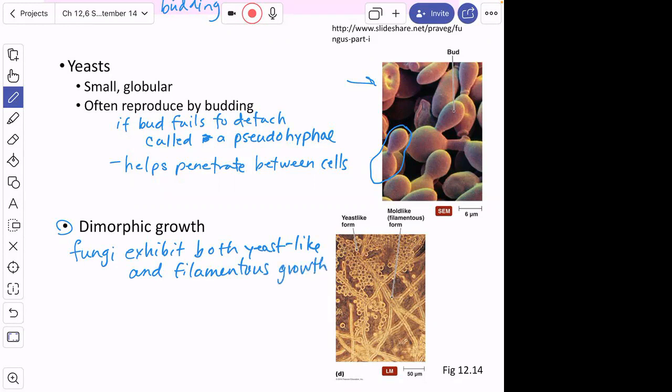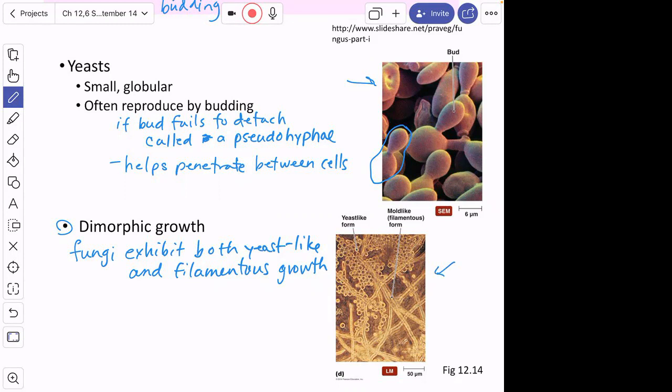Okay, so usually it depends on the environment and what kind of morphology a dimorphic organism will take. It might be dependent on the temperature or availability of nutrients or something like that.